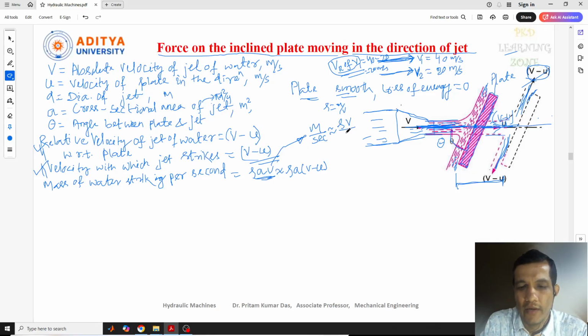With respect to time, this is volume per second, which is the discharge, with unit meter cube per second. So rho into discharge, rho into Q. And this discharge Q can also be written as area into velocity, so rho into A into V. In this way we can frame it.